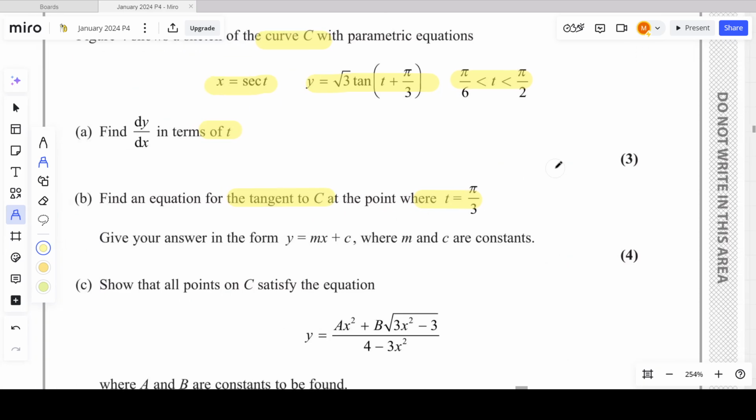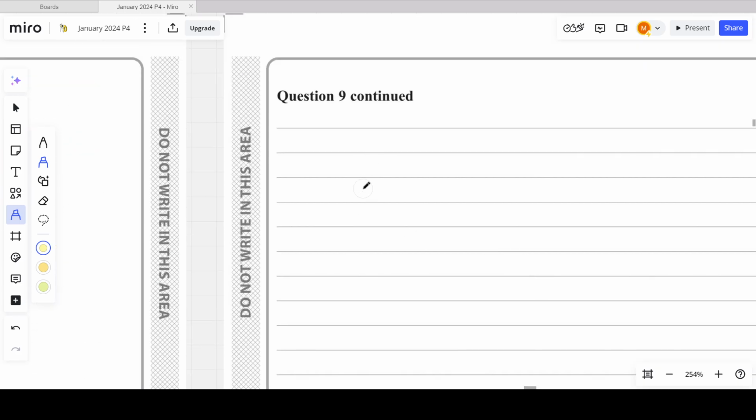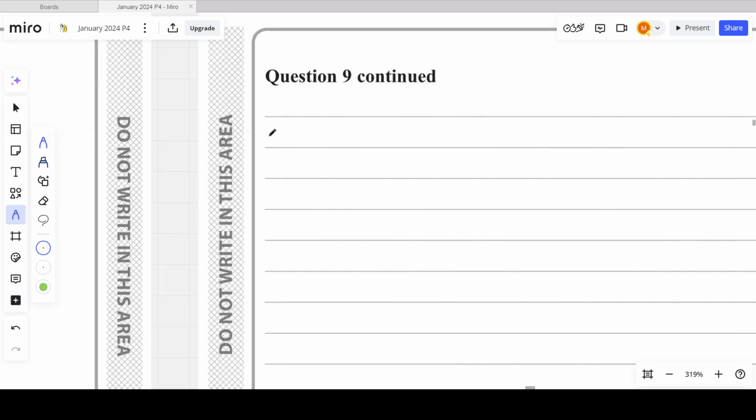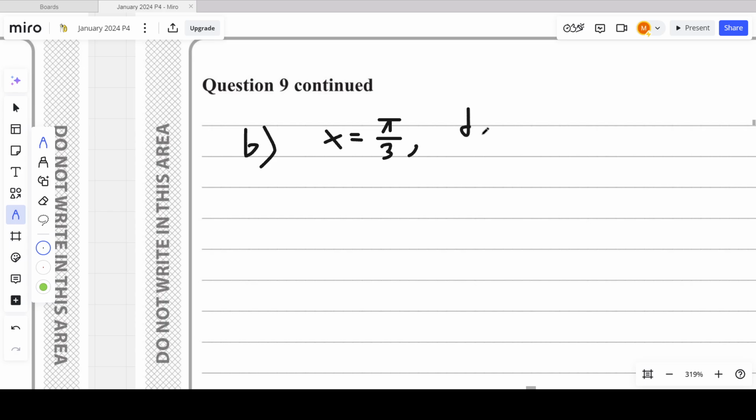Since a tangent is a straight line, for finding its equation we need the gradient and the coordinates of a point that lies on the line. Since the parameter t is given, we can easily find the gradient at t equals pi over 3. At t equals pi over 3, what would be dy over dx?